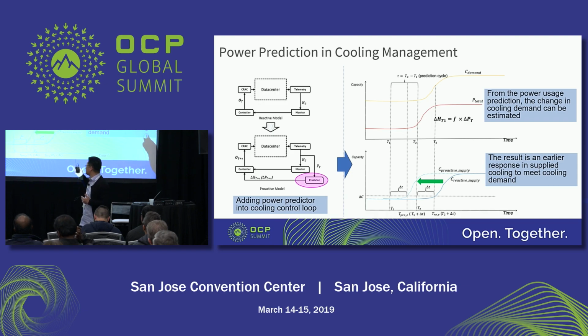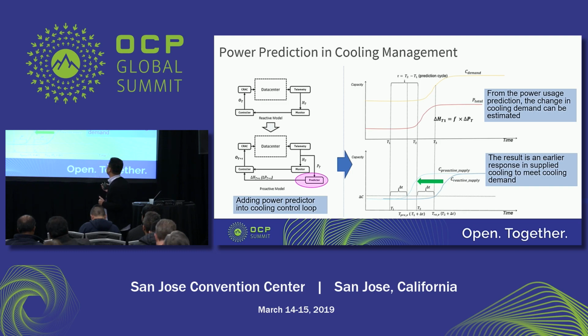So look at the right side of this page. The red line is the overall power consumption, and the orange line is the demand of the cooling capacity. We can see that from the power usage prediction, the change in the cooling demand can be estimated by the power trend prediction.